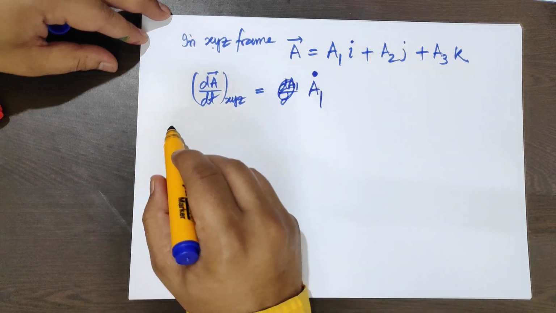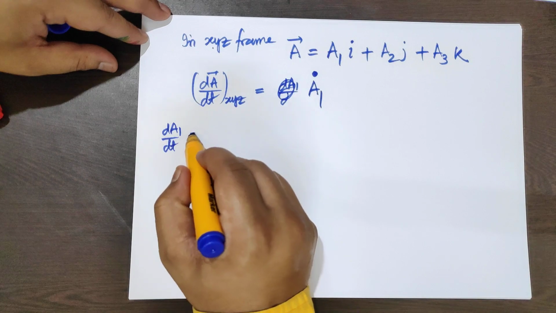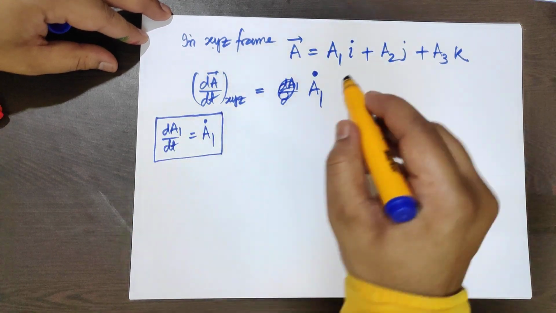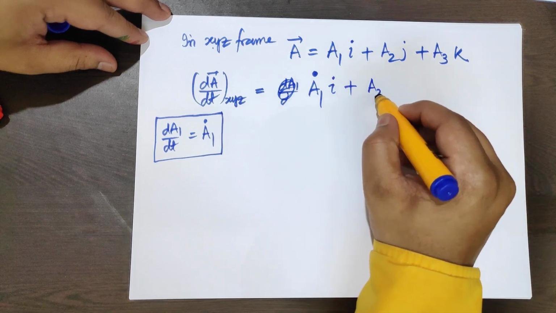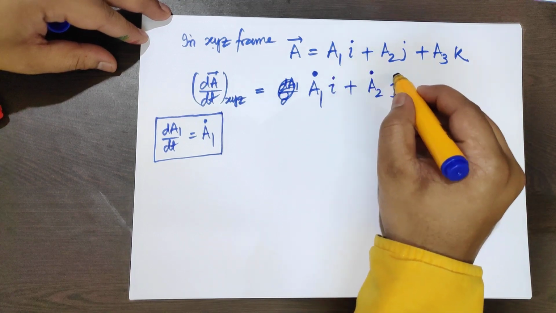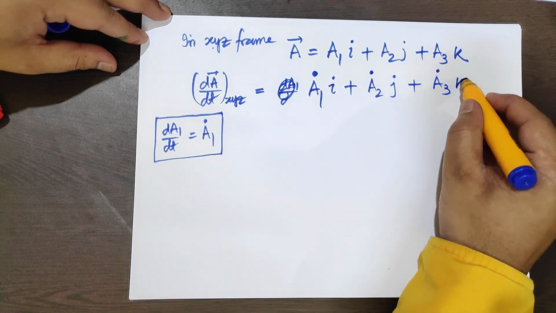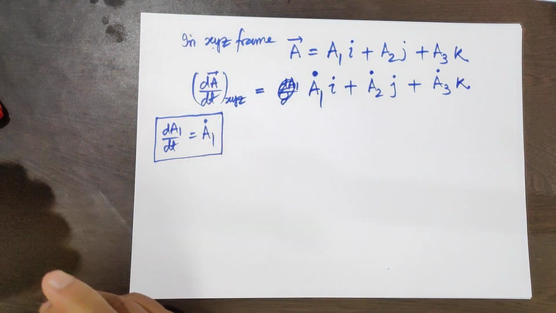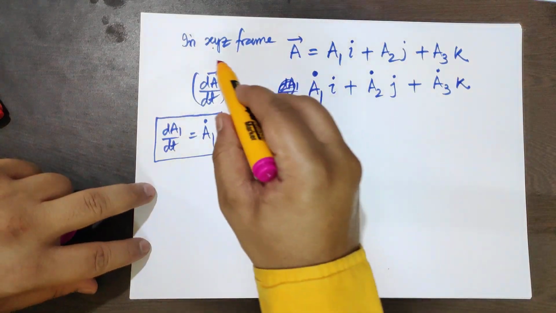Dot means rate of change with time; this is a shorthand notation.